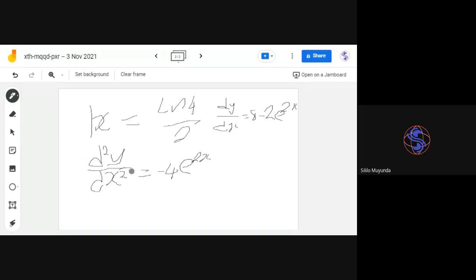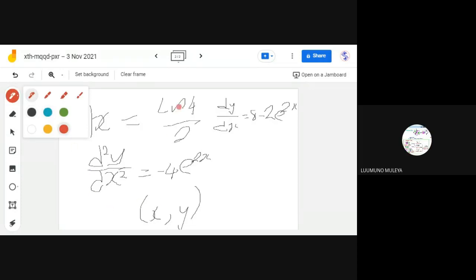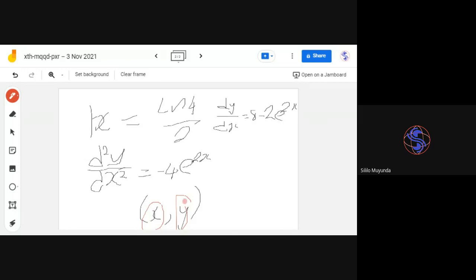In the original one, to find the critical point. They're saying find the critical point, and you know the way points are: you say x comma y, right? What we found is the x part. To complete the point, we need to find the y part.